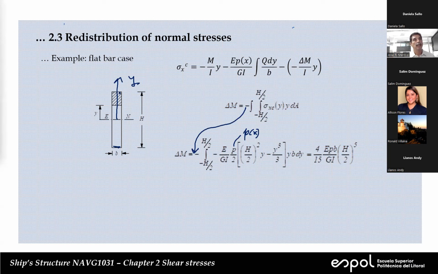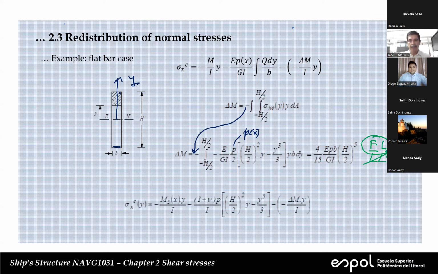And now we have all the parts, we can put the whole thing together, and this is the result. You see that you have some calculations as a function of y, but also as we go along the length of the beam, we have some influence, right?